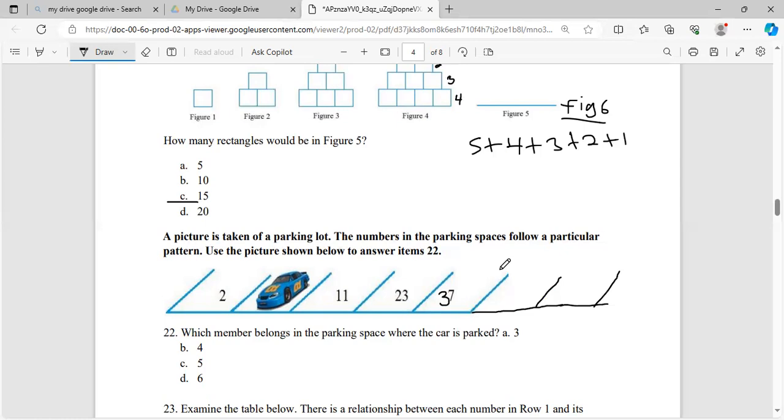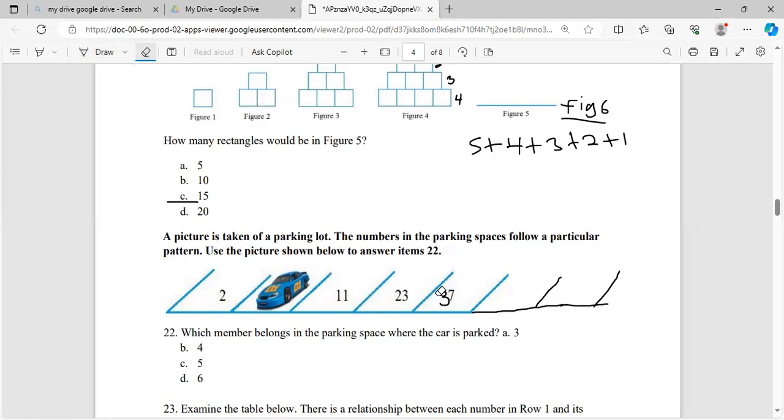Sir, 6. Alright, explain how you got 6. Anyone want to explain how you get it? What's the pattern? Because to find it you're counting up, sir.